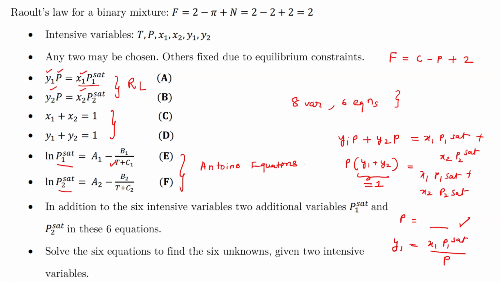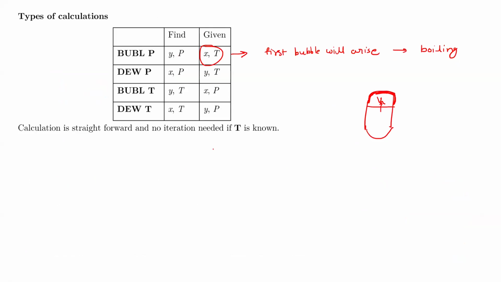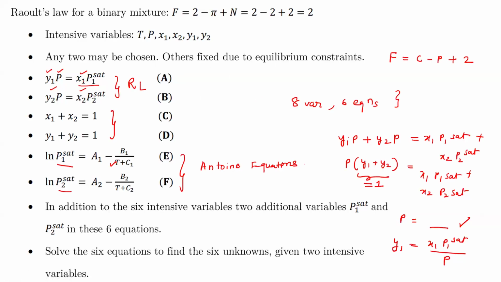This is one situation. But when you know pressure, assume you know X1 also, you don't know P1 sat and you don't know Y1. Even if I know pressure, I don't know P1 sat and P2 sat, which are in terms of temperature here.